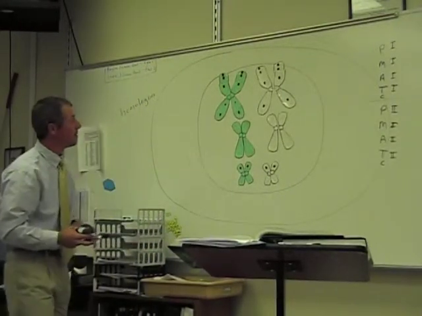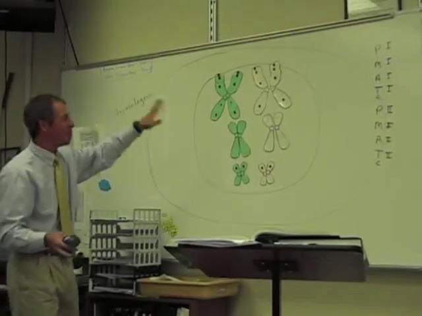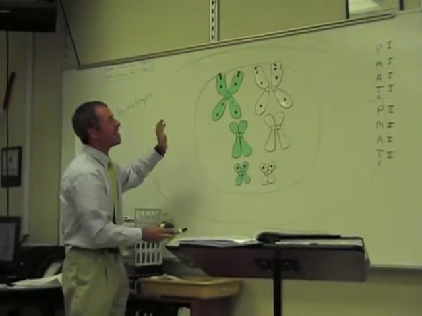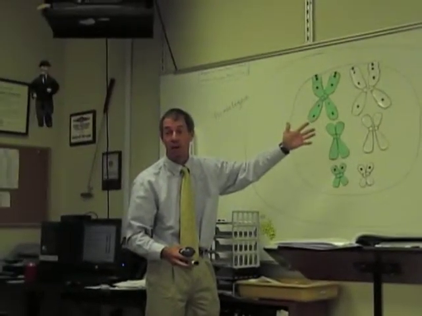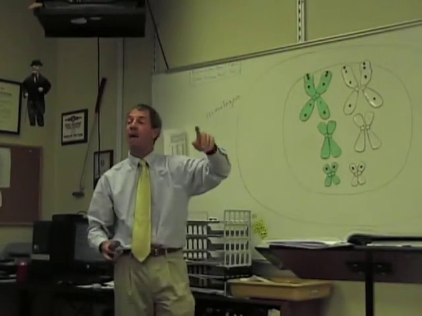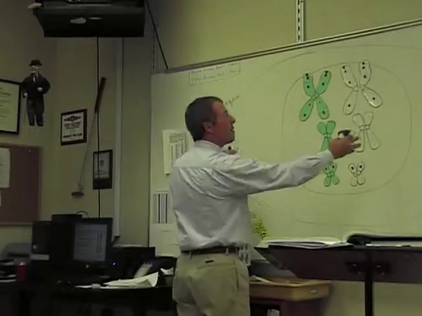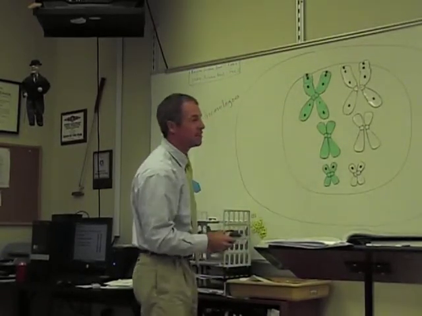So, in a man's testes, imagine this cell is in the testes. There's actually millions of these cells doing this, not just one, because men produce about 200 million sperm a day. So this is happening millions of times every day in the testes.